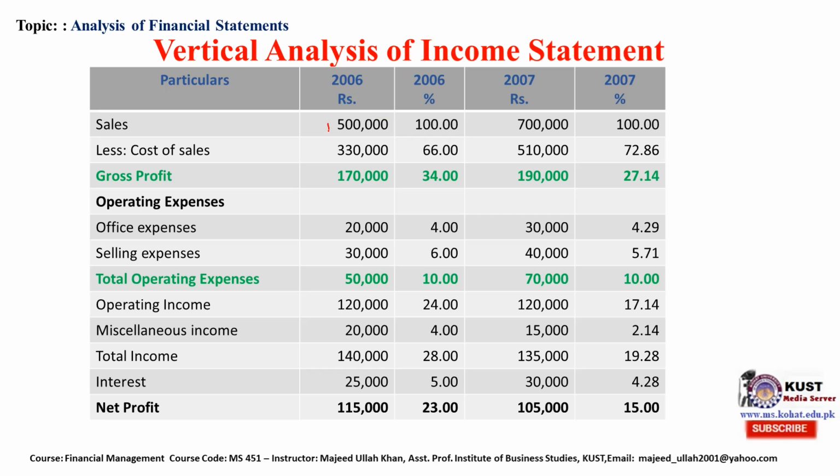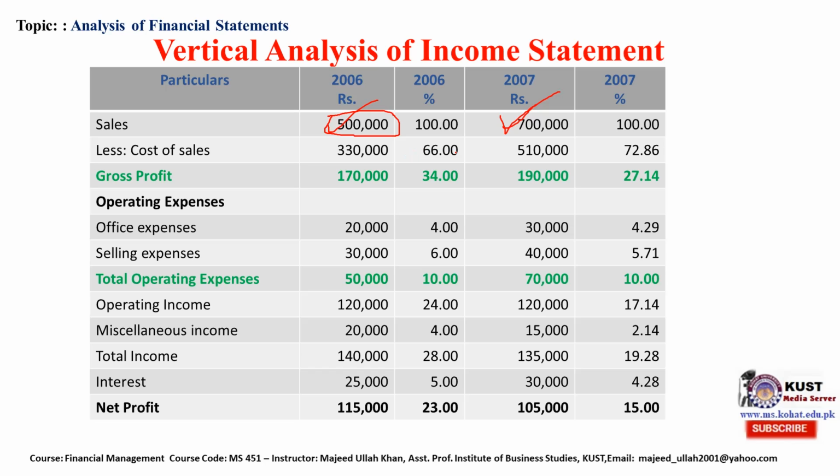We will consider sales as 100%, and then we will express each item as a percentage of this total of the income statement. So we will consider this as 100%, the total. Each item in this analysis is expressed as a percentage of this total.